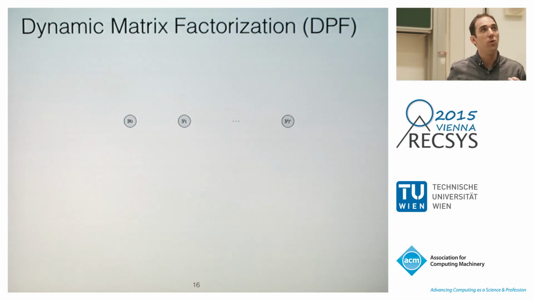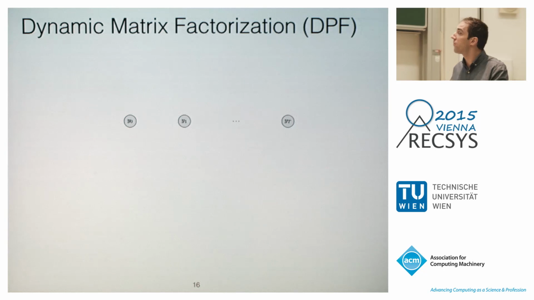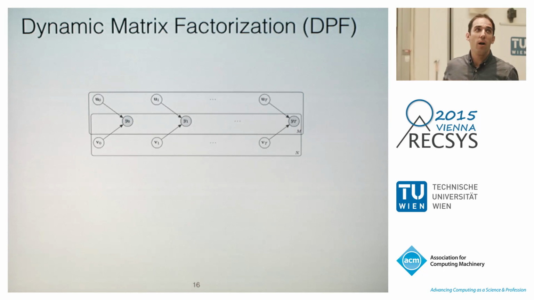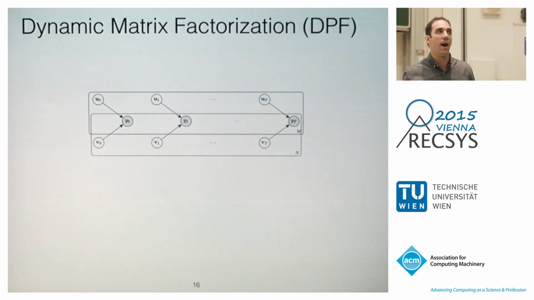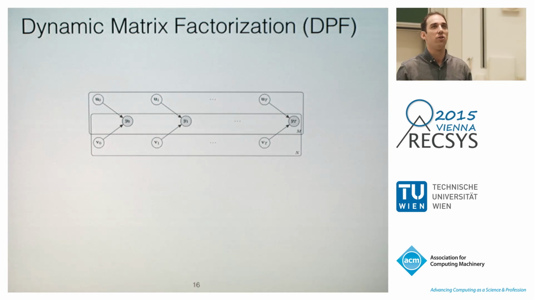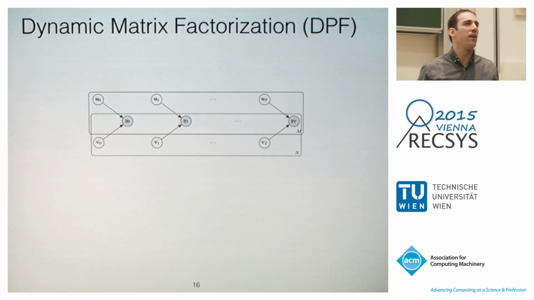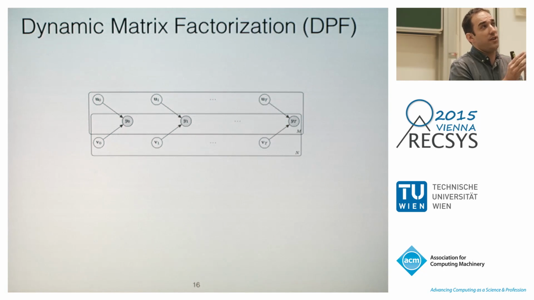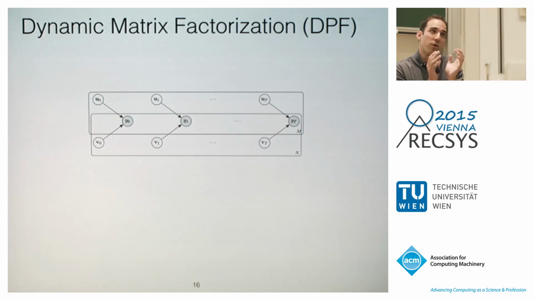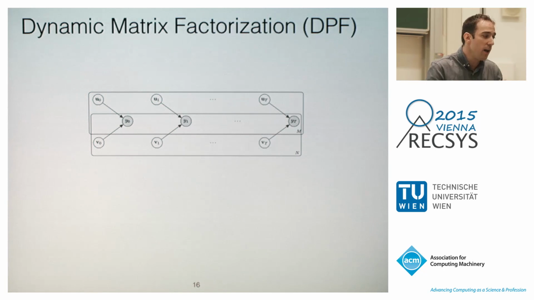And so what you could do once you've made this modeling choice is say, well, okay, then I'm just going to learn my usual matrix factorization independently for each time step. Of course, you could imagine that this is probably suboptimal, right? Because each matrix factorization will only be allowed to look at a small subset of the data.